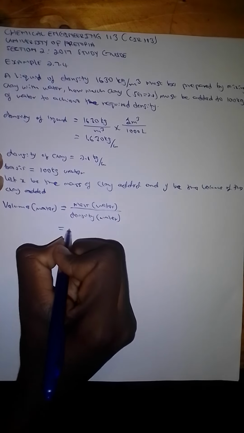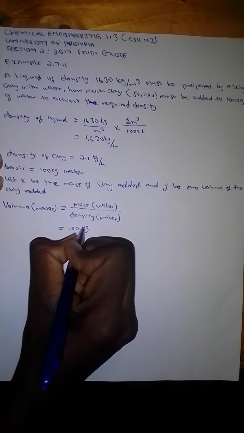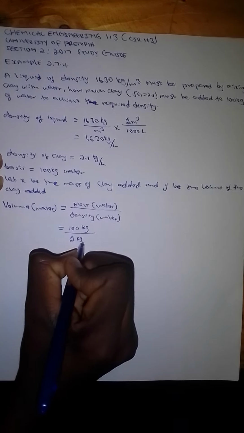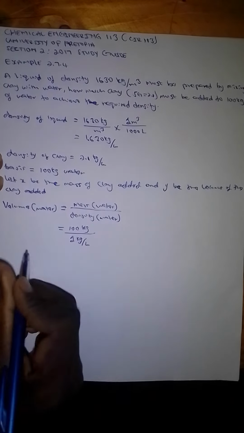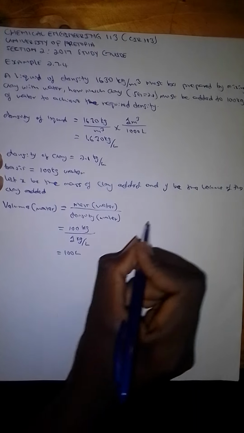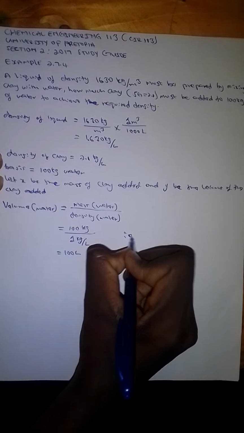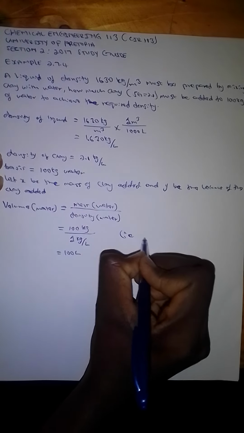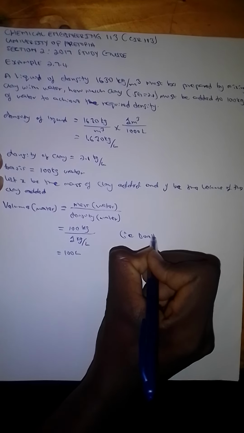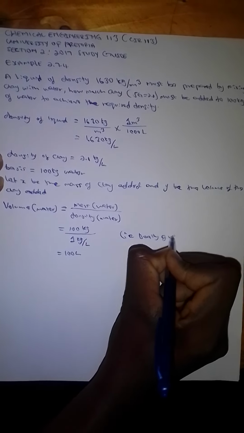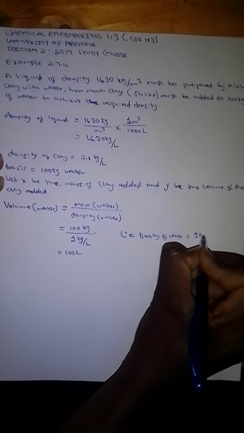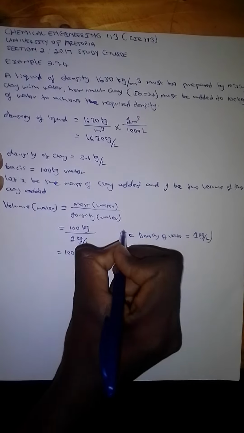That becomes 100 kilograms over 1 kilogram per liter, which gives us 100 liters. Note that the density of water is 1 kilogram per liter.